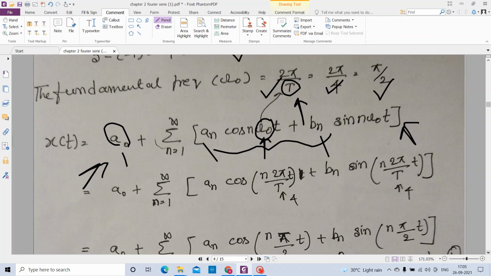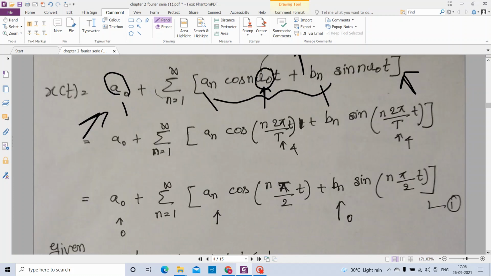First substitute omega naught as 2 pi by T, and thereafter substitute the value of the fundamental time period that we have already determined.